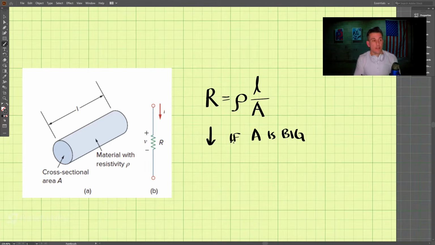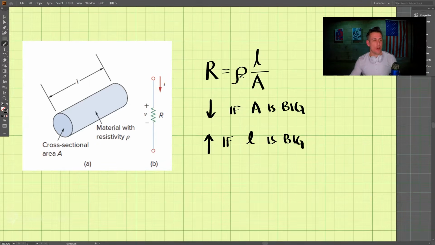And likewise, if L is big, the resistance goes up. So it goes down if A is big, and the resistance goes up if L is big.